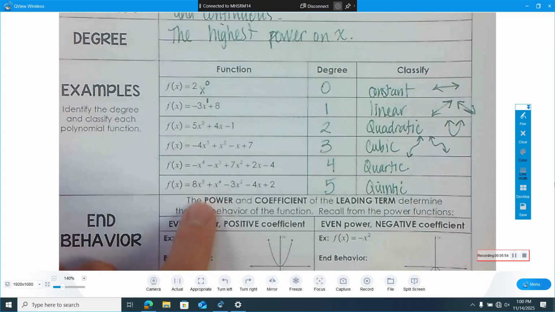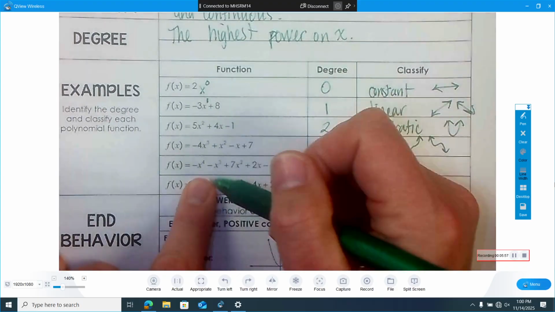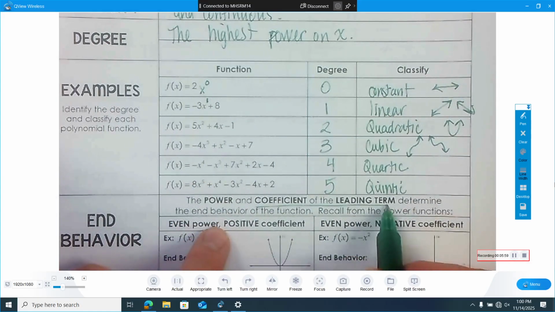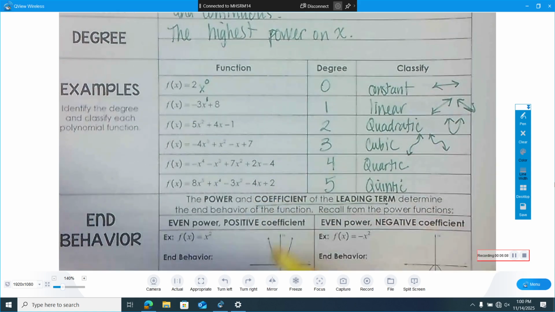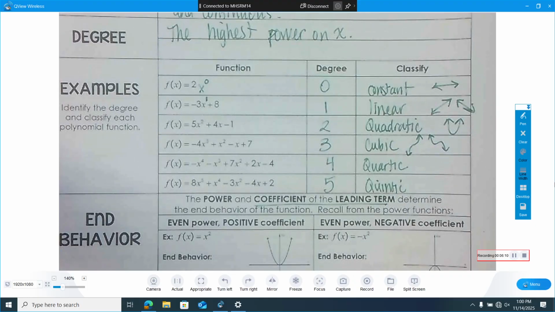If we know the degree of the function and the coefficient of the leading term, we can tell a lot about the function. We can tell a lot about the end behavior, which I don't want to go over again because we've already done this.